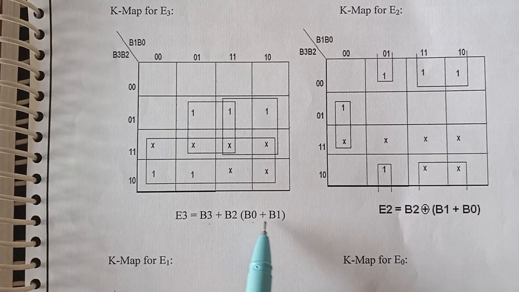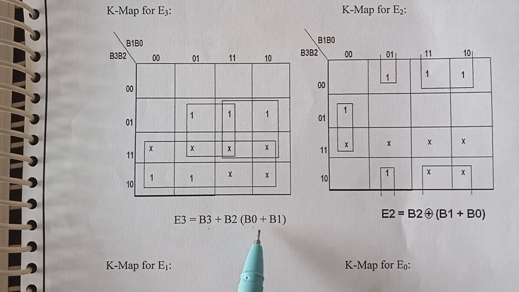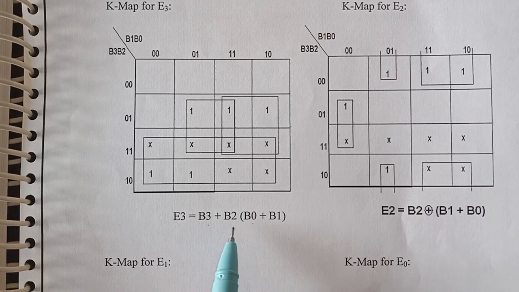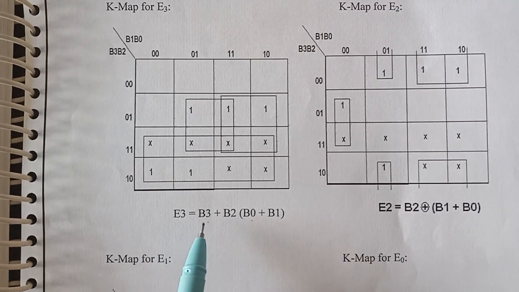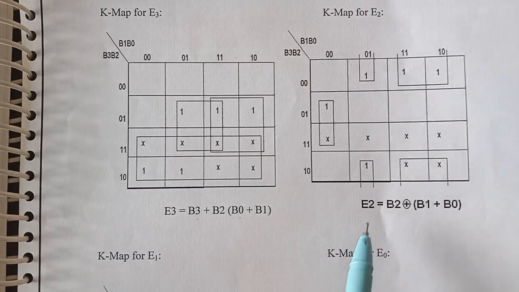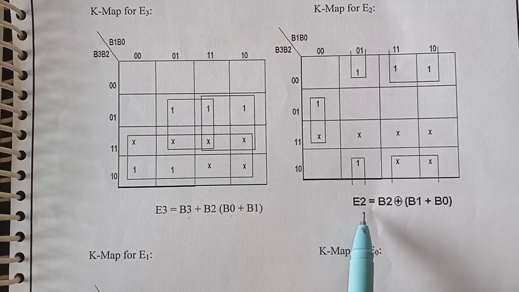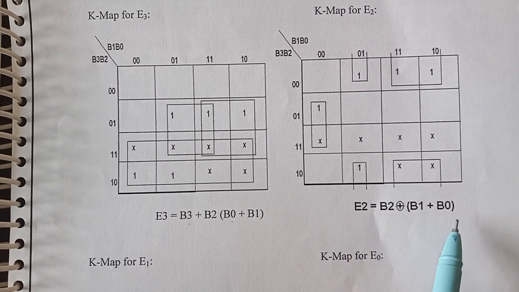B0 and B1 are combined with addition, that is an OR gate, and this is multiplied with B2. Then one more addition is used. So this is the expression for E3.